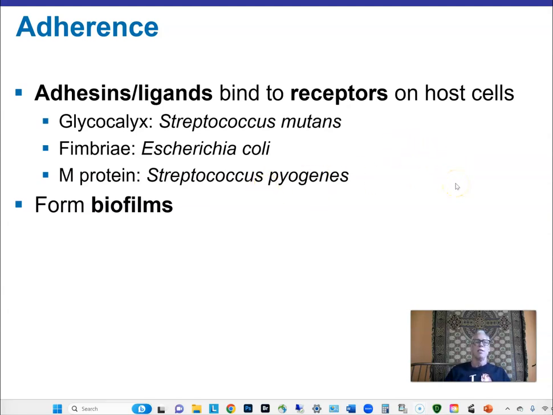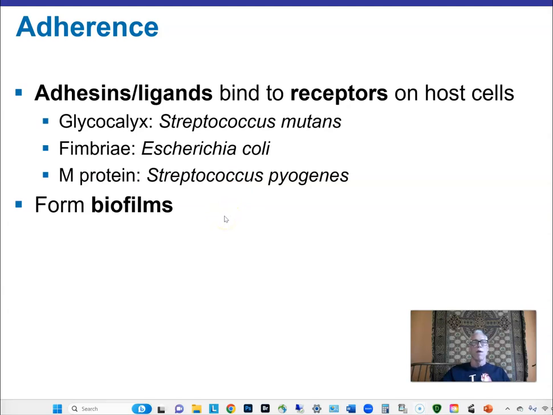Streptococcus pyogenes causes a whole raft of different diseases, and one of its virulence factors is called the M protein, which can allow it to attach to cells. It also allows it to avoid phagocytosis, all kinds of things.